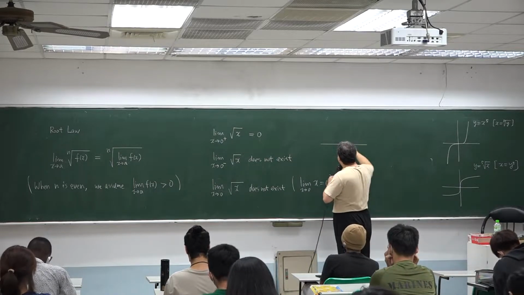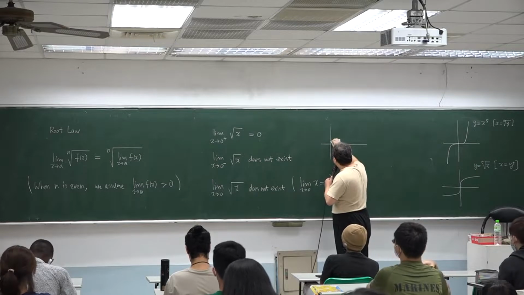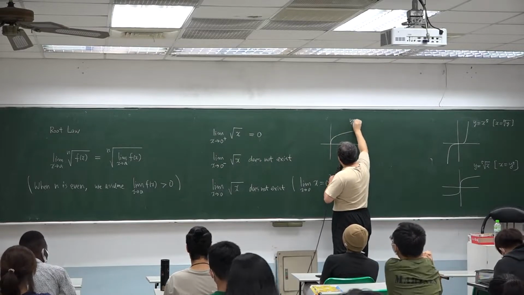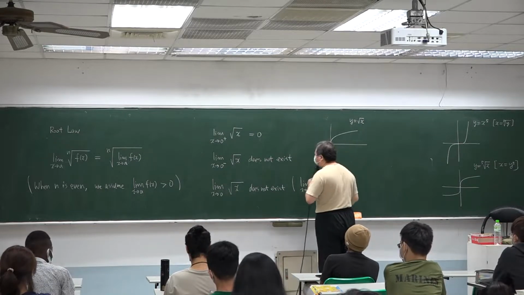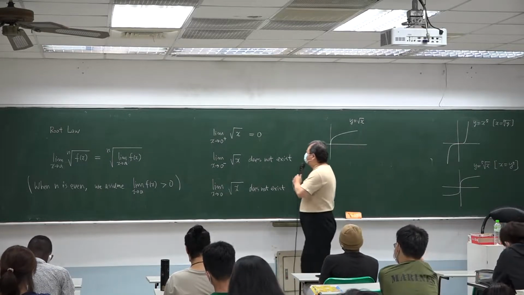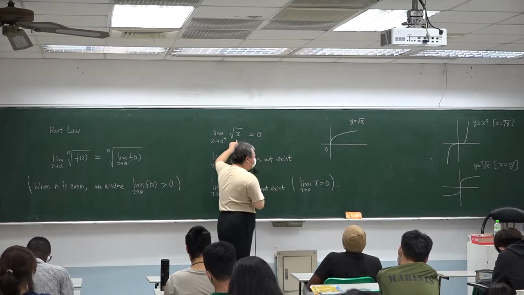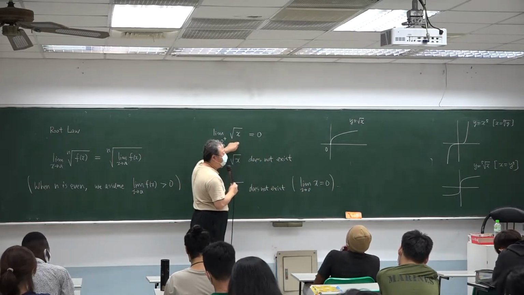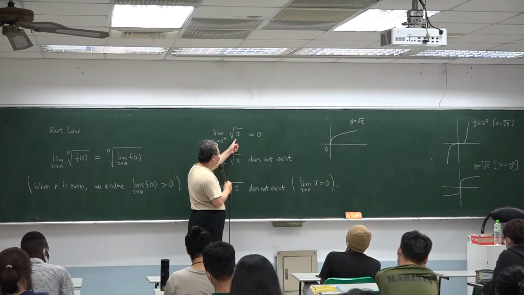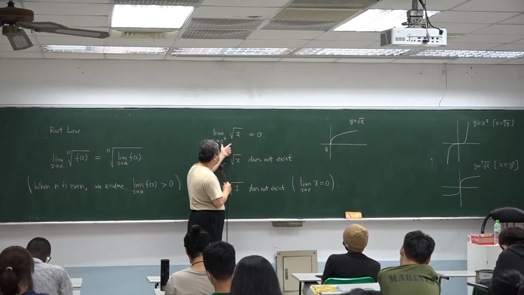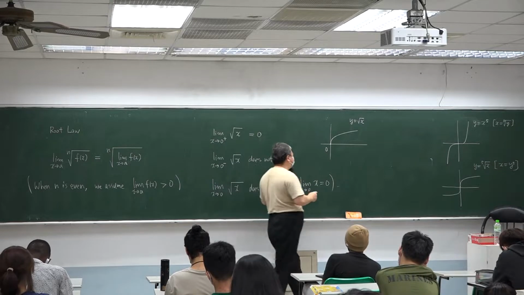For the square root, at the position 0, this function is only defined on non-negative reals. So this is correct. This is correct.